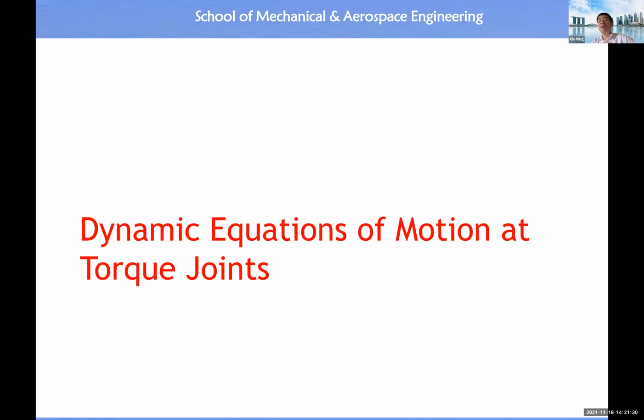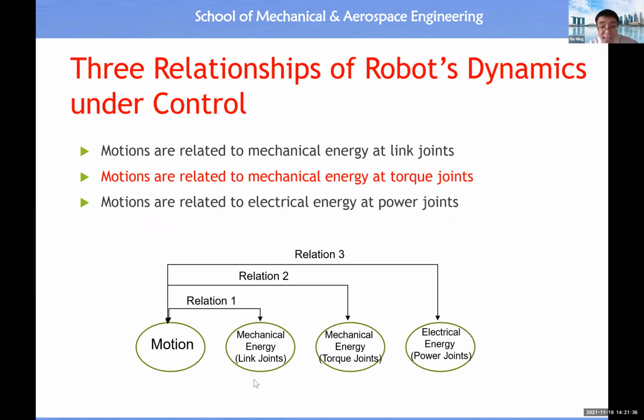Then we must move one step further. We need to know the dynamic equation at the top joint, because the energy at the link joint comes from the top joint. So the first relationship tells you the relationship between motion and the energy at the input of the link joint. Then how about the relationship between energy and the motion at the input of a top joint?